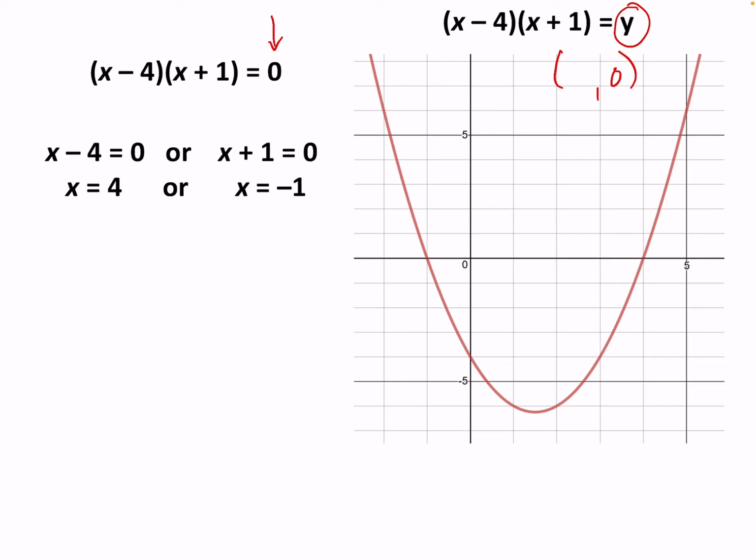If you take a look at this graph, isn't this x-intercept 4 or 4 comma 0? Yeah, and I probably have those labeled. If I graph this one here, the x equals negative 1, I have negative 1 comma 0. So when we set y equal to 0 in a quadratic equation, we are solving for the x-intercepts.